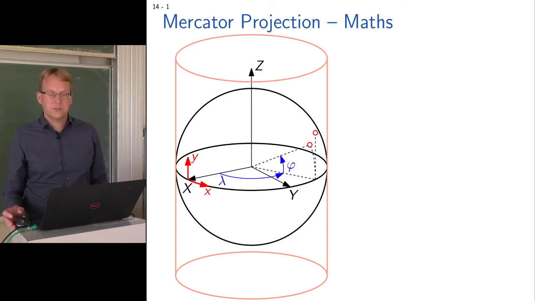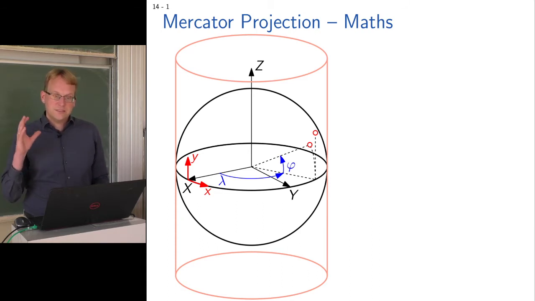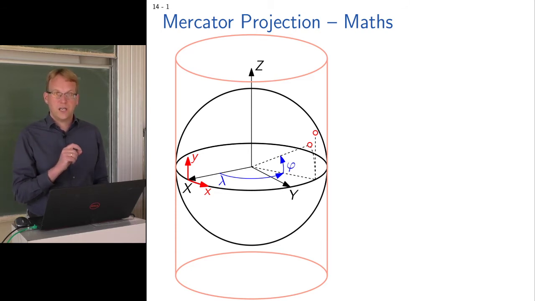How to derive this function f from our desired property of the map projection, namely preservation of aspect ratios. We would like to preserve aspect ratios, and with that constraint our aim is to find the function f, defining the relationship between phi and y.